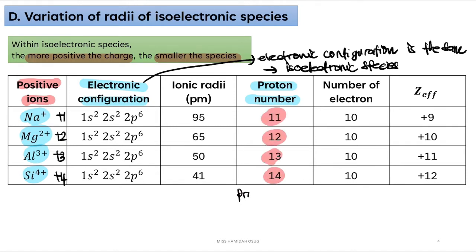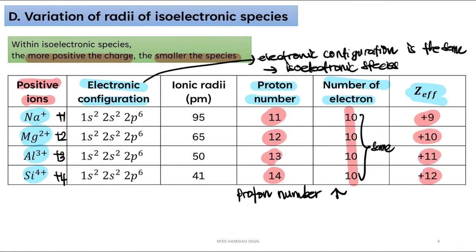So as we can see, the proton number is increasing, but the number of electrons remains the same. When we look at the Zeff value, we can see that the Zeff value is also increasing.